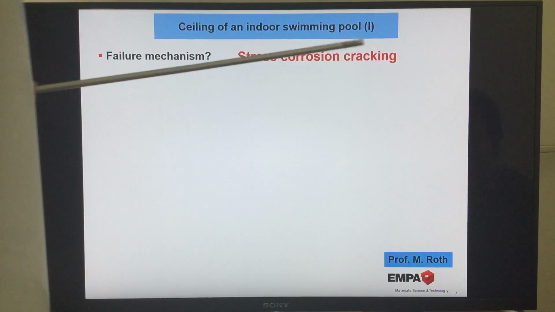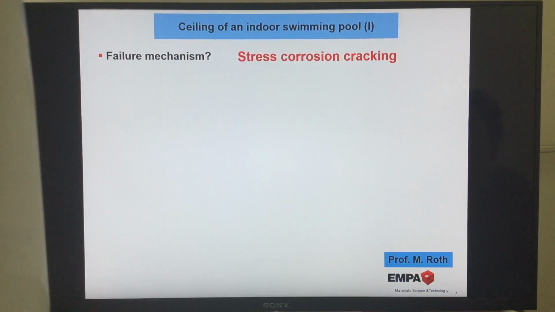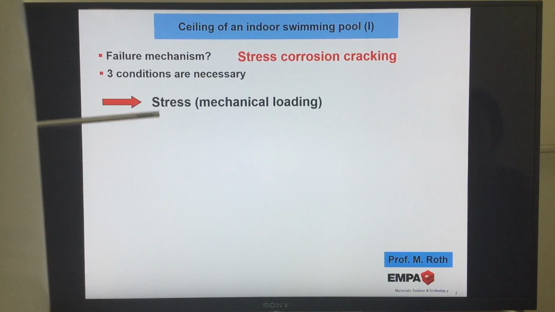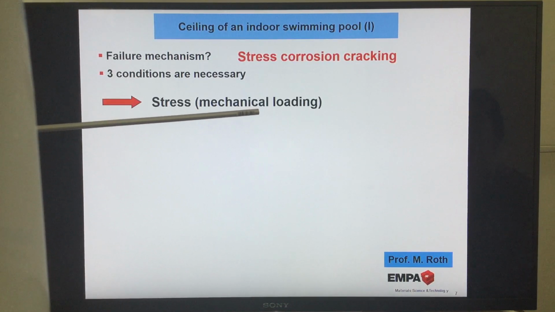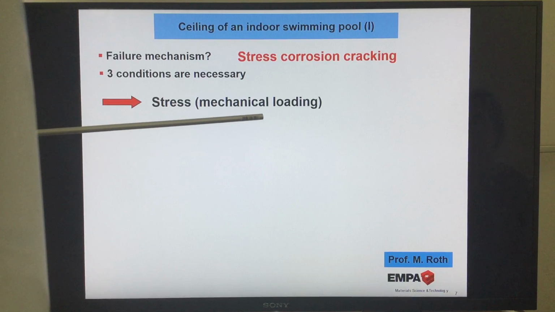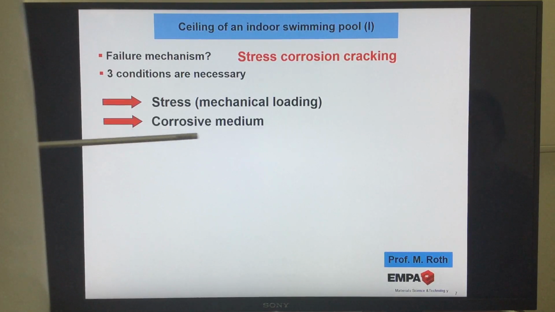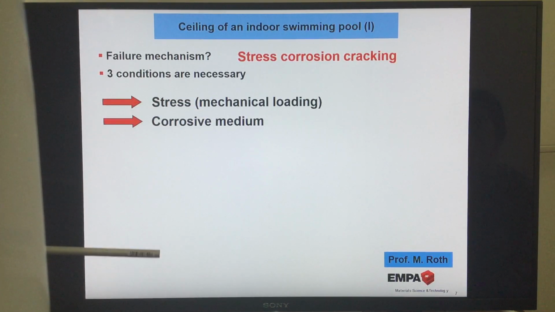So we have stress, we saw the cracks, and we have the corrosion environment. For this, we need 3 conditions. First, the stress, that was our mechanical loading, pure tension. Then secondly, the corrosive medium, most probably chlorine, we will find out.